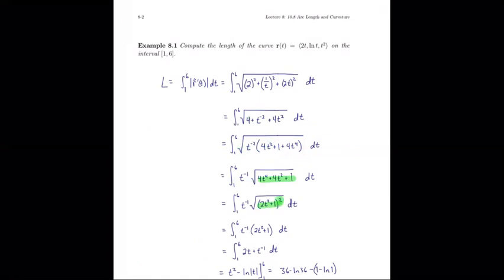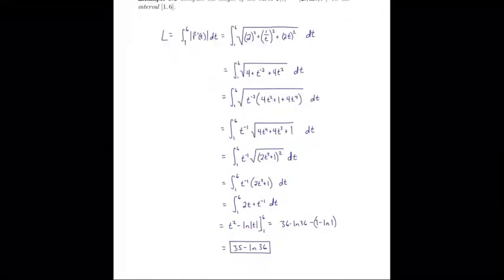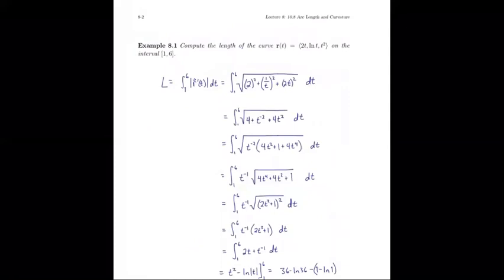We have the square root of something squared, so those things cancel, and we end up with 2t squared plus 1 times t to the negative 1. Factor this t to the negative 1 through, and once we evaluate the limits of integration, we arrive at the solution to this problem. So, a nice straightforward application of the arc length formula.